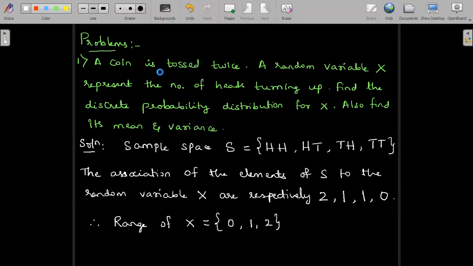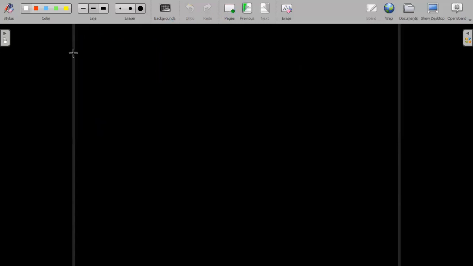Using the basic definition of probability, number of favorable outcomes divided by number of possible outcomes, the probability of both heads turning up will be 1 divided by 4. Let me explain how it is 1 by 4.